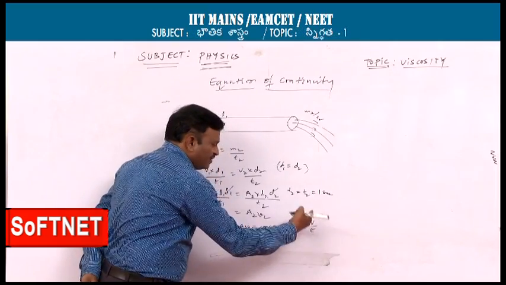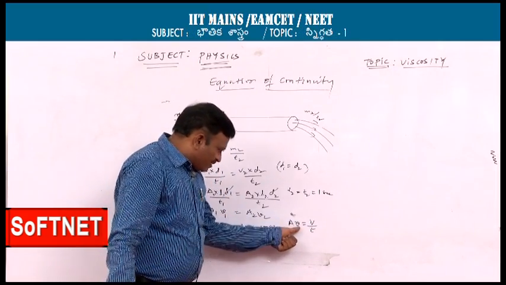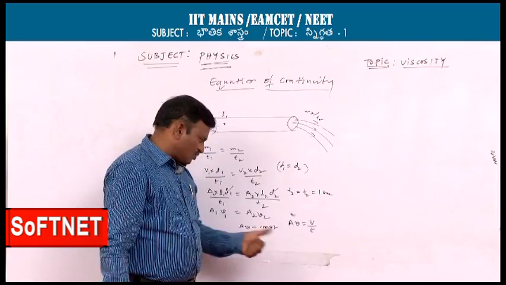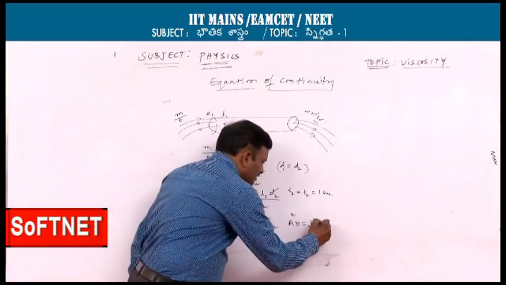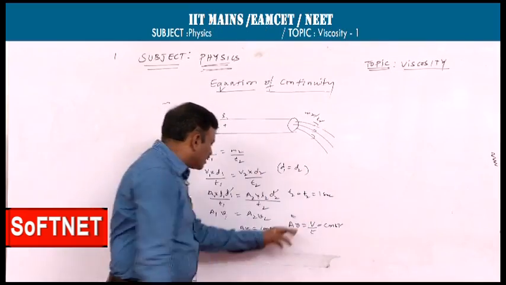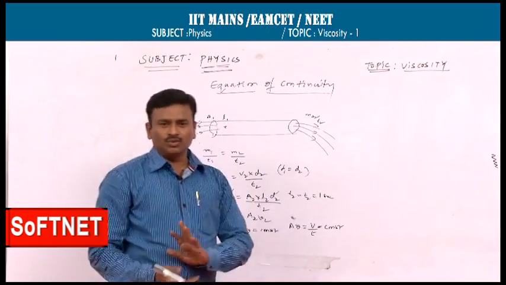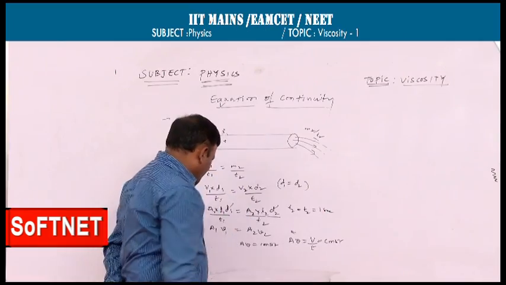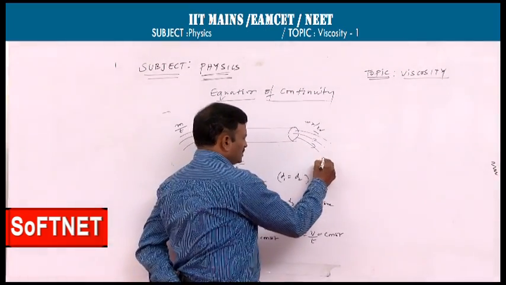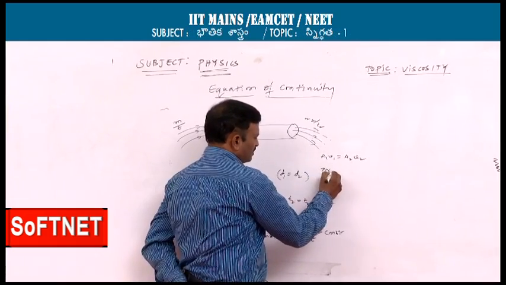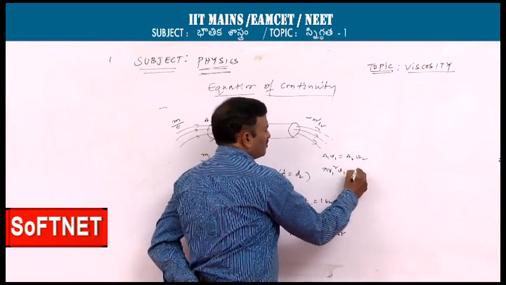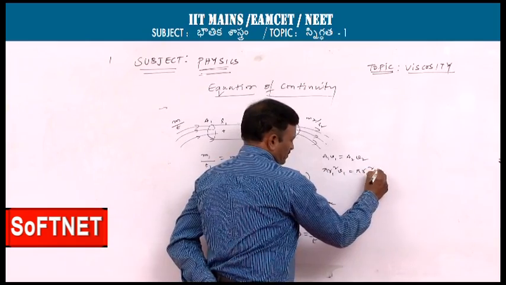Here V is the velocity and A is the area of cross section. Volume per unit time is constant. While solving numericals, we have to use these terms. From the competitive exam point of view, we use A1 V1 is equal to A2 V2. Here A is pi R1 square, so pi R1 square V1 is equal to pi R2 square V2.